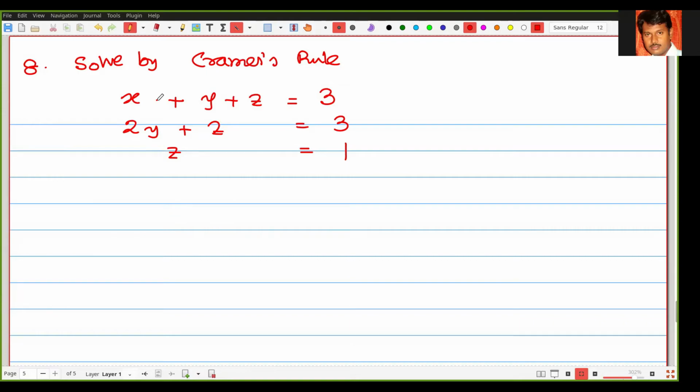So here we can rearrange the system of linear equations in that way. x plus y plus z is equal to 3, then 2y plus z is equal to 3, and another one, z is equal to 1.